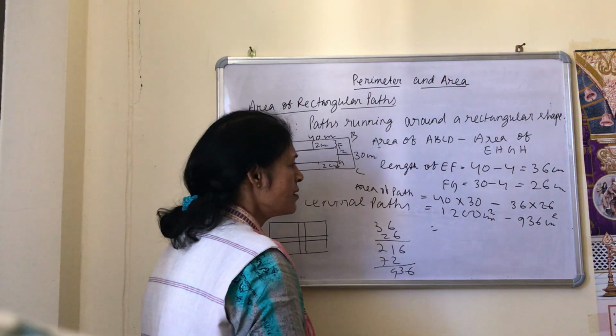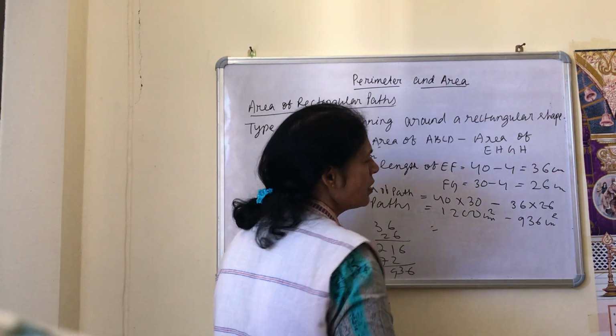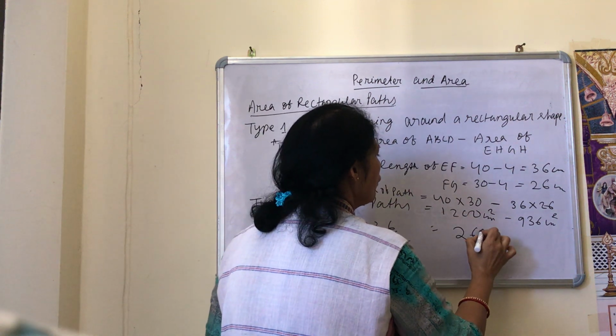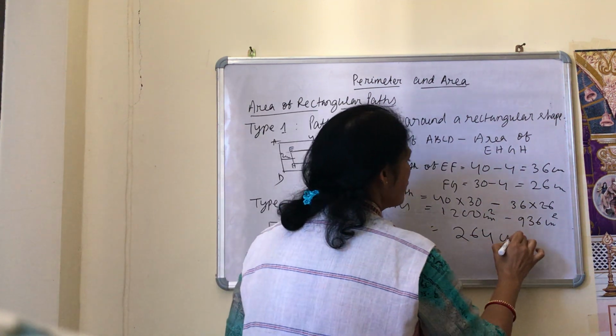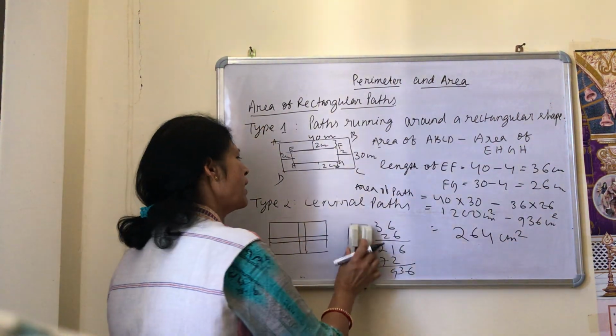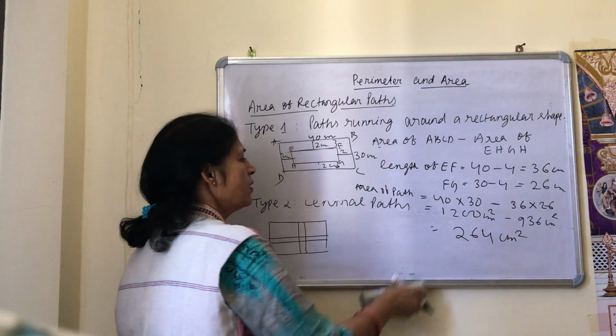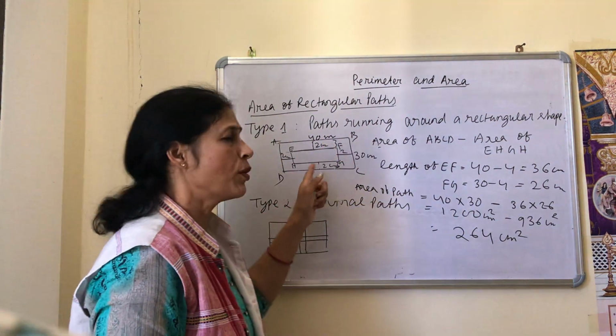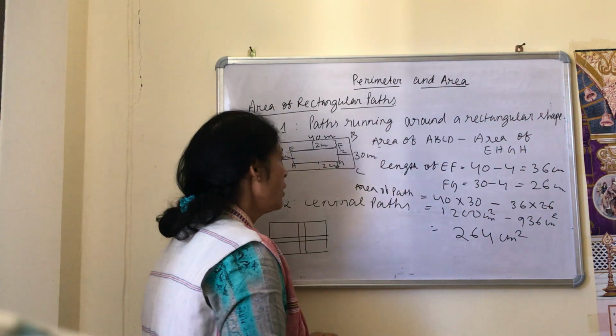Then you subtract, 1200 minus 936, 264 centimeter square. 264 centimeter square is the area of the path. Clear? In this way you can find out the area of the path. Okay.